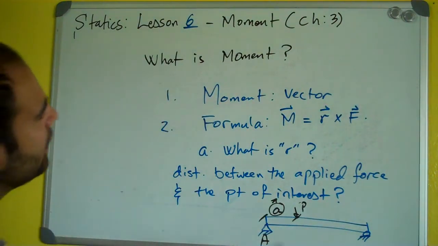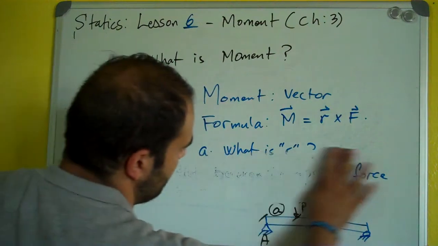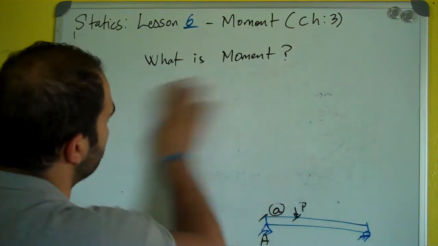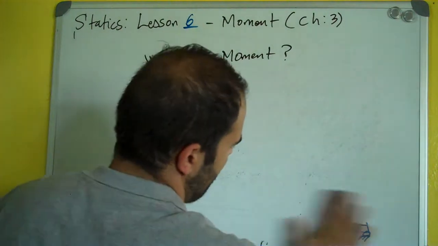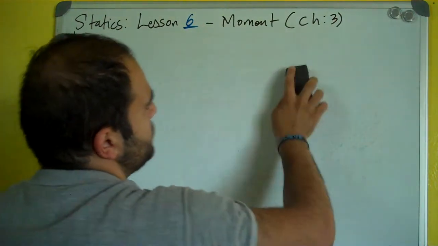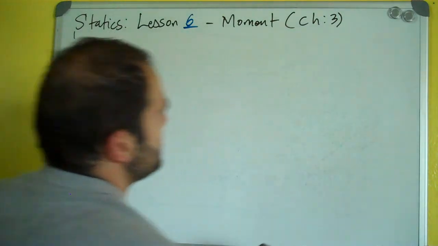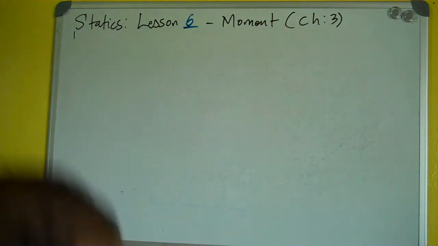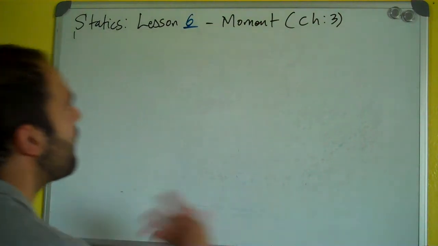So today we will be talking about moment. And pretty much I summarize all of chapter 3 in the Beer-Johnson book, 11th edition, and I'm assuming all of the editions.